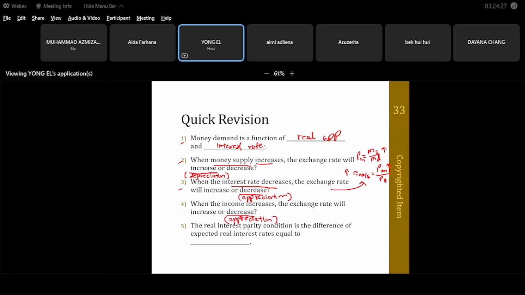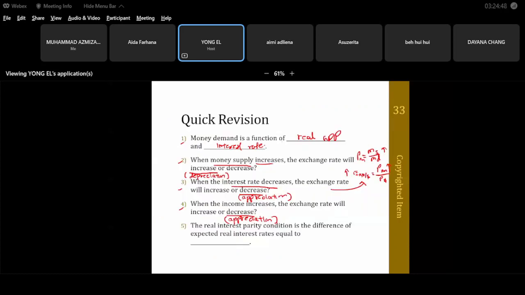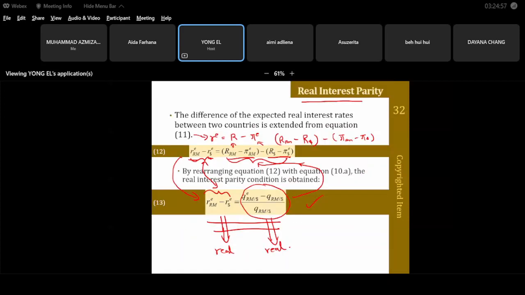The real interest rate parity condition is the difference of expected real interest rate equals to. This one is a bit longer for you to write because it is actually this equation. So the real interest rate parity condition is the difference of expected real interest rate equals to this one: the percentage change in real exchange rate.